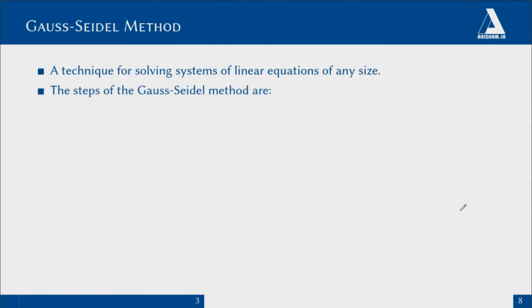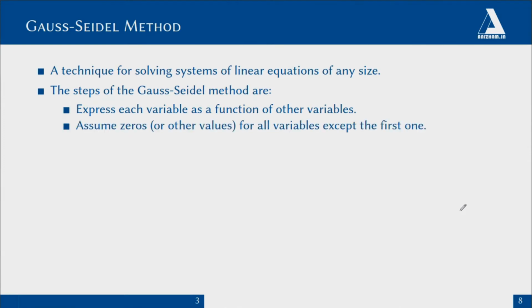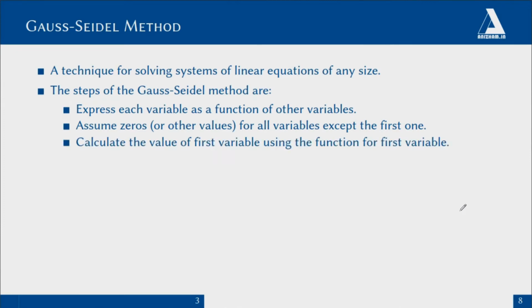These are the steps of the Gauss Seidel method. The first step is to express each variable as a function of the other variables and constants. Then we assume zeros, or other values are also possible, for all variables except the first one. Now we calculate the value of the first variable using the function for that variable and substituting the assumed values for all other variables.